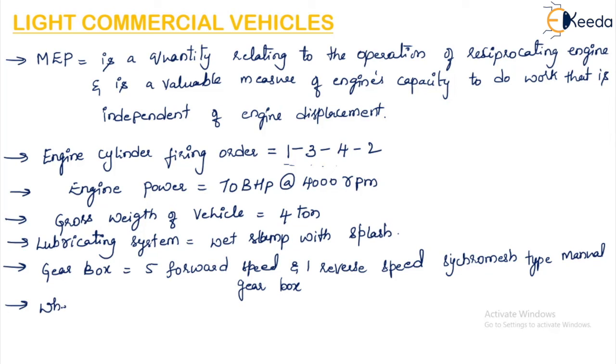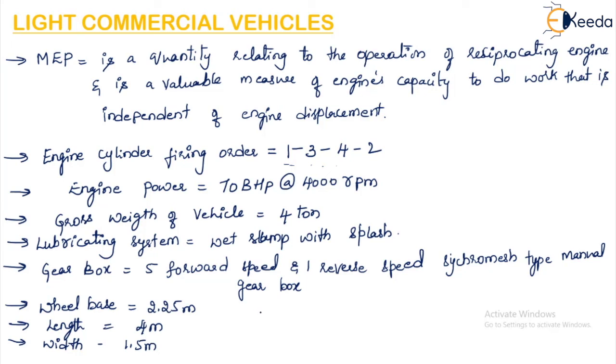Then the wheelbase. What is the wheelbase? It is 2.25 meter approximately. The length of the truck is 4 meters. Then the width of this truck is 1.5 meter approximately.